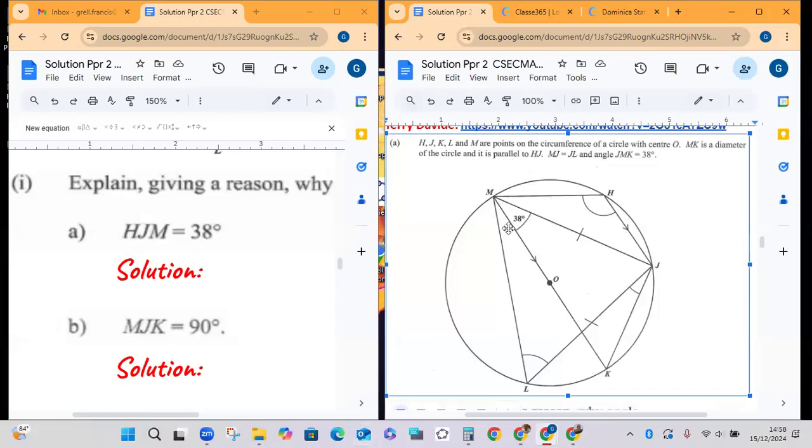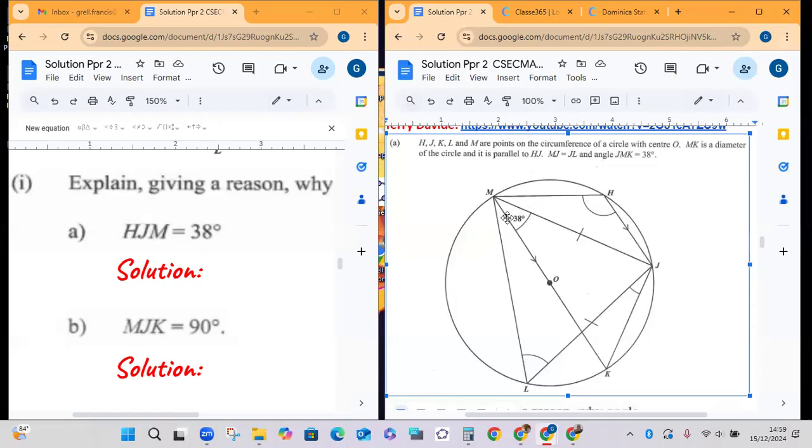Okay, because alternate angles are equal when you have a line transversing two parallel lines, so HGM is 30 degrees. Okay, they are equal to each other. So all this we can take care of.